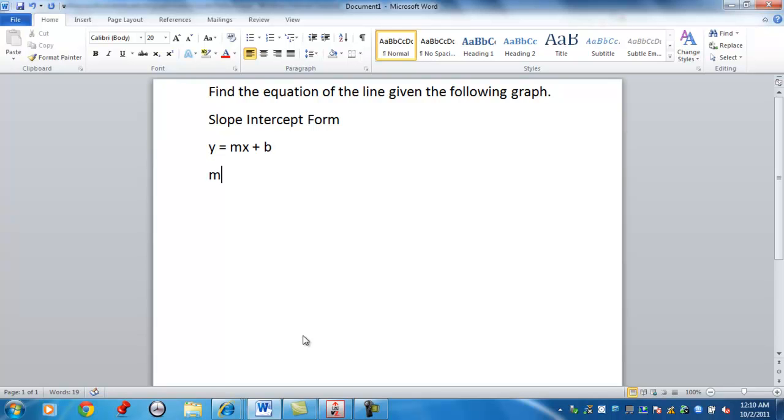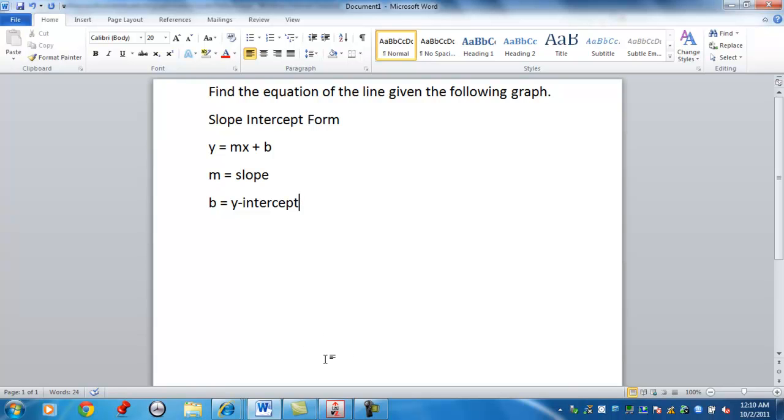M is going to represent your slope. The b value is going to represent the y-intercept. If you know these two pieces of information, you can write the equation of the line.